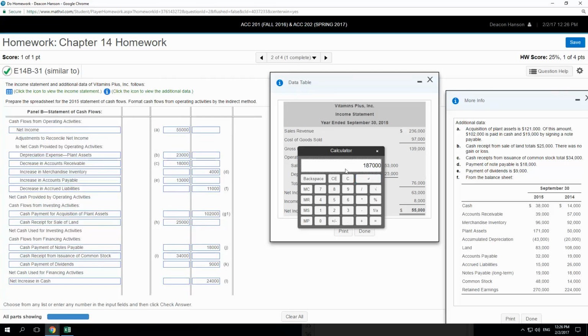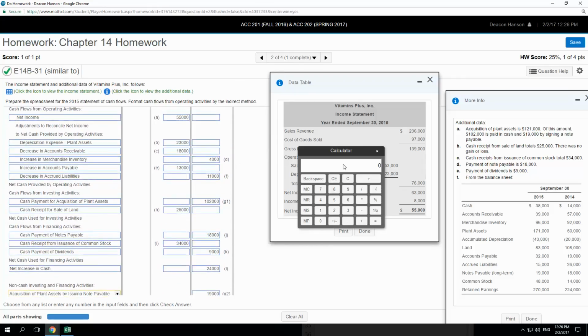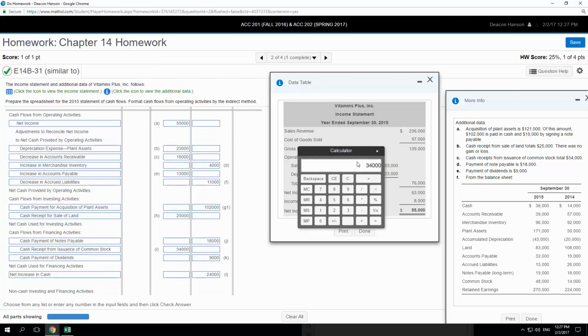Let's see. We'll start with 55 on the right side. I think there's one more down here. And 19. $187.